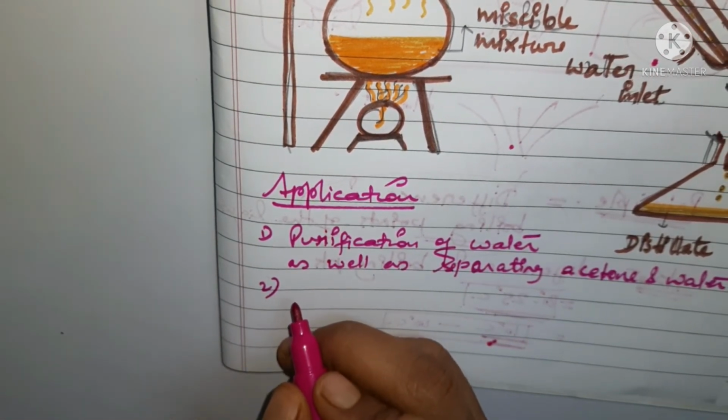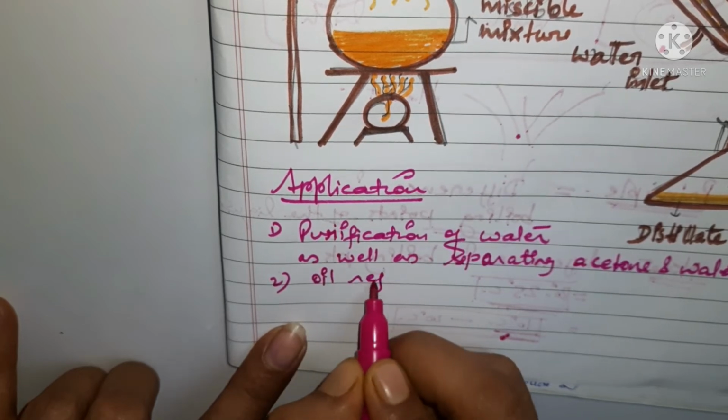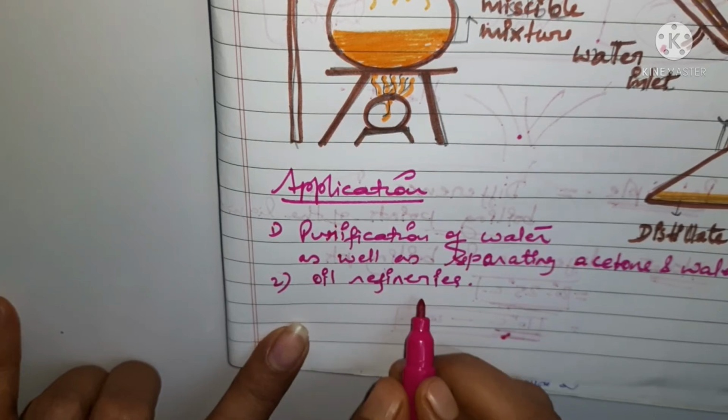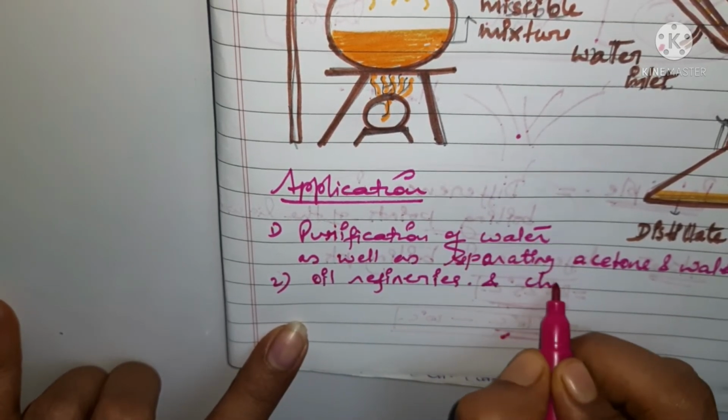Then it is also used in industries, in oil refineries. Fractional distillation is a process which is used in oil refineries and chemical plants.